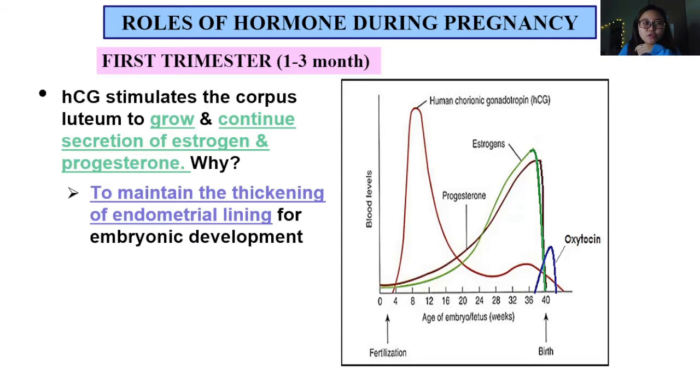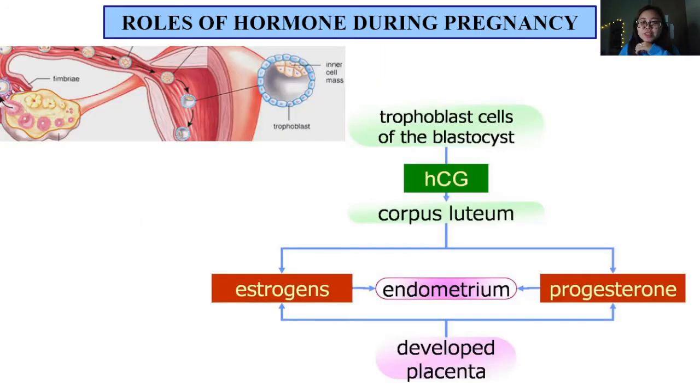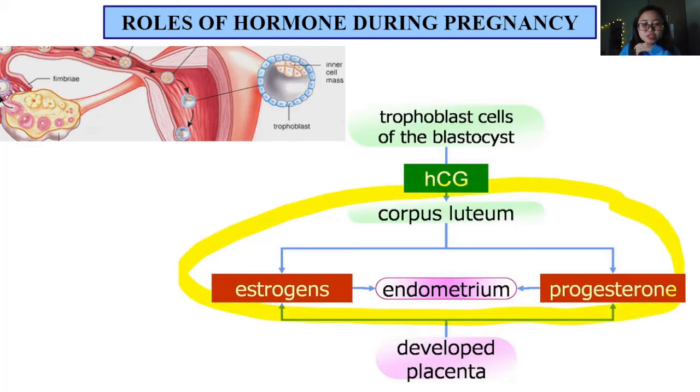The reason for HCG to stimulate the corpus luteum is so that the corpus luteum would continue to secrete estrogen and progesterone to maintain the thickening of the endometrial lining for embryonic development. Right now, the corpus luteum is the one that will produce estrogen and progesterone. So in this diagram right here, the corpus luteum continues to secrete these hormones, and they maintain the endometrium lining.